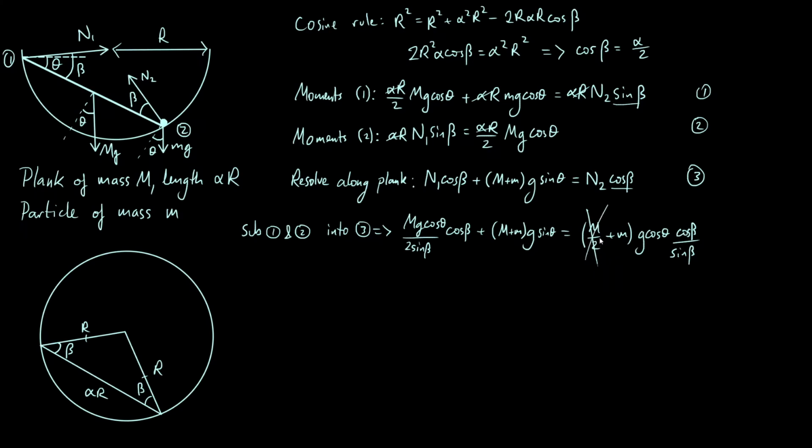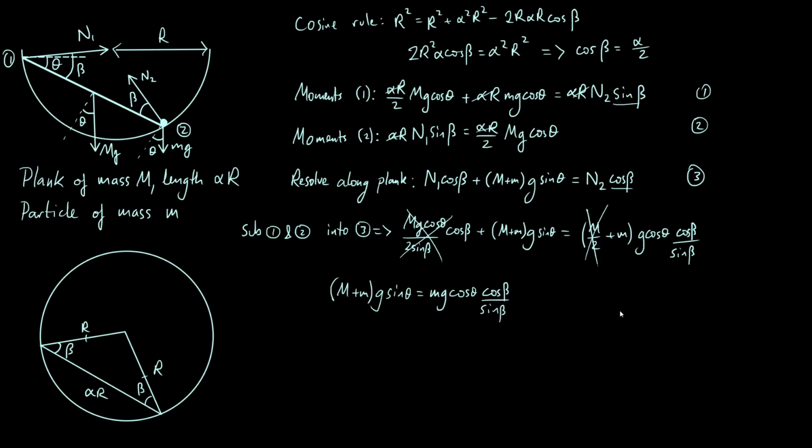So we can cross that off, and we can also cross this off. Okay, so we've just got rid of some of our terms, and what are we going to be left with? We're going to get big M plus small m times g sine theta is mg cos theta times cos beta over sine beta.